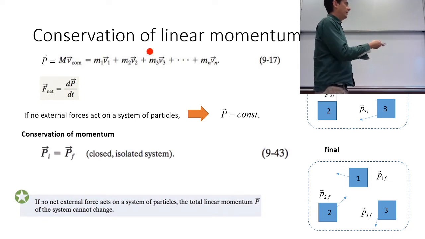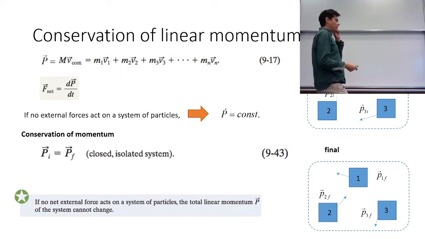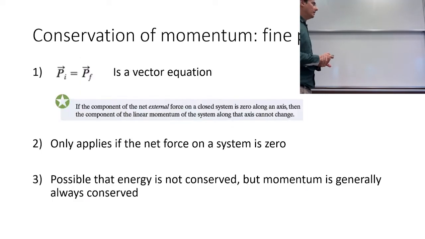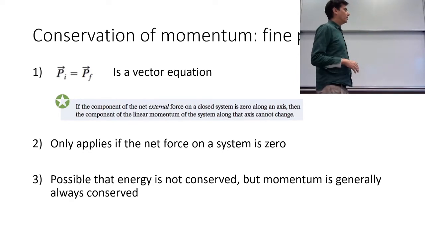These things can hit each other and exchange momentum, and there could be forces between them, but from the outside there should be no forces, and then in that case momentum is conserved. Momentum is a vector quantity, so we can look at each of the components separately. This is what I said before.